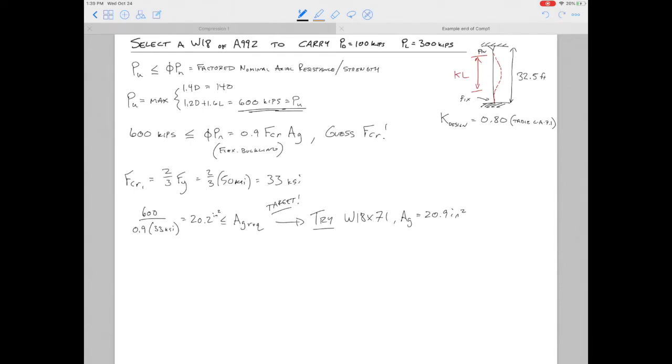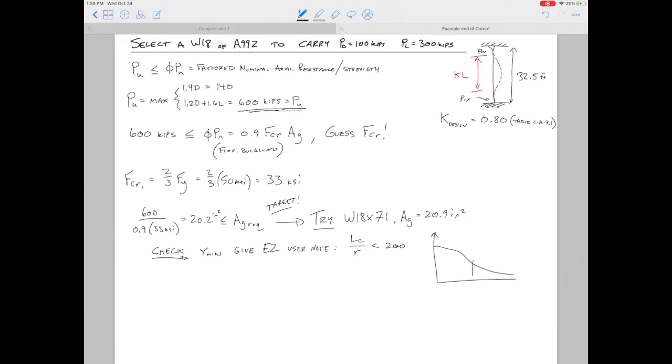Okay, great. The next thing I need to check is something that I haven't looked at too much in our notes, and that is the R minimum. The R minimum is given by section E2 in the user note, and it says that LC over R should probably be less than 200. This makes a lot of sense if you think about this curve.